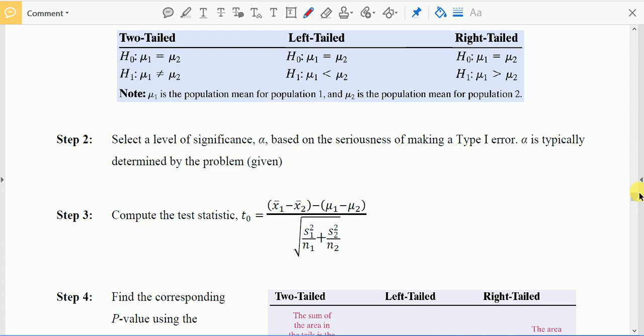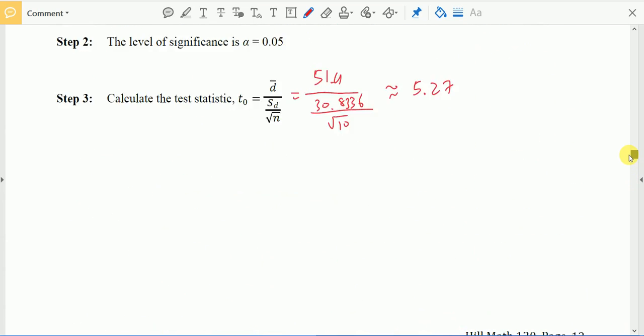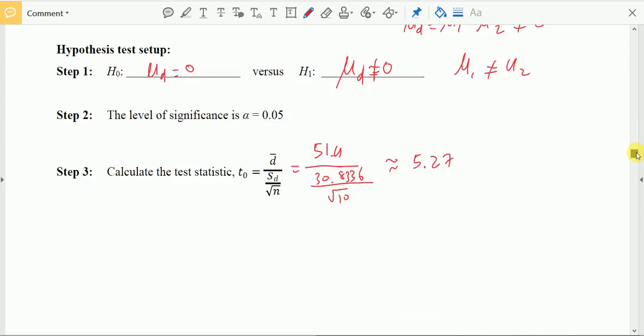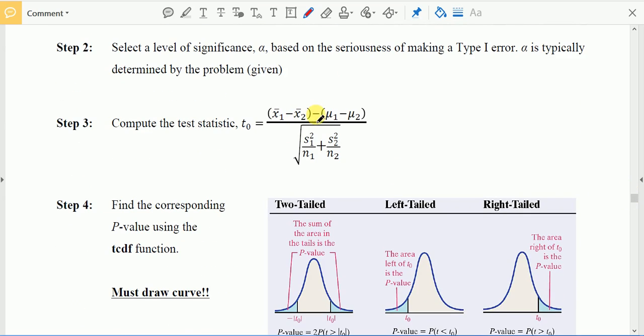Recall the test statistic from the last section. Here, we take the difference of the means, mu1 minus mu2. But in this case, for independent samples, we keep them separately.